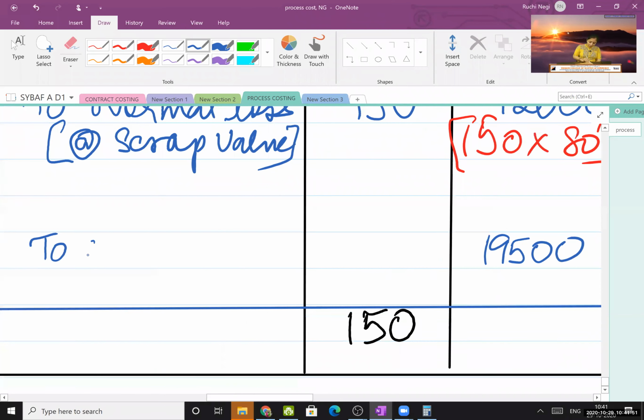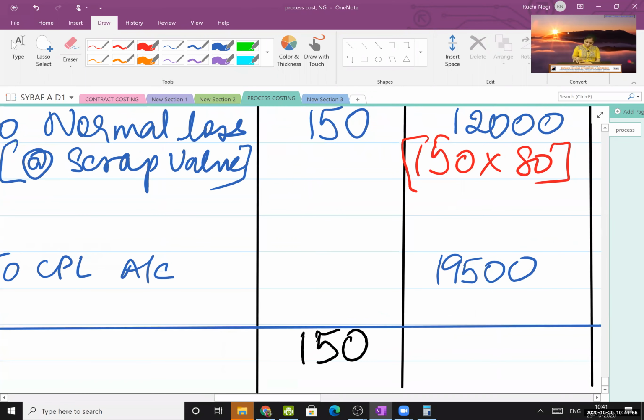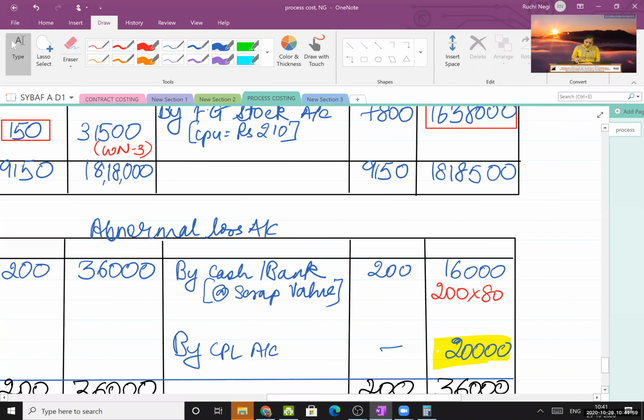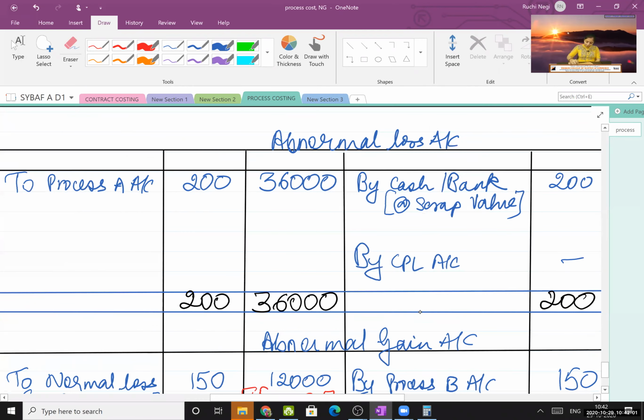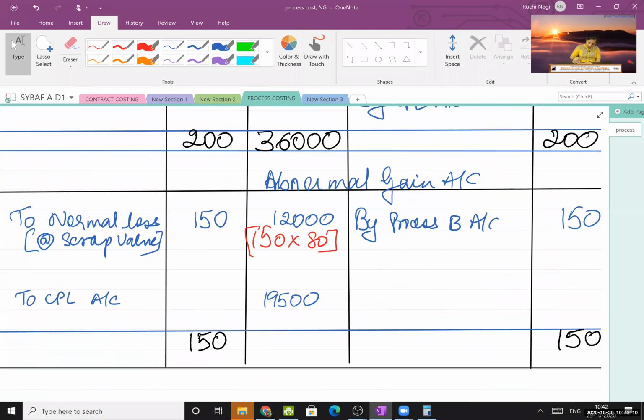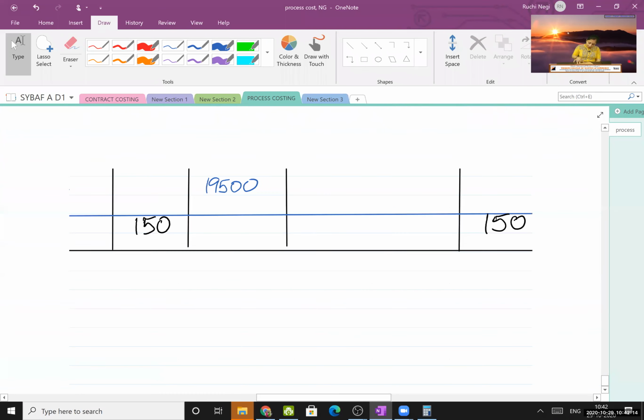Okay, so the obviously quantity column will tally 150, 150, but the amount column will not. 19,500. To CPL. Okay, yeah, thanks Asmita, it is 200. Oh, sorry, I'm so sorry. Yeah, 200. Thanks.